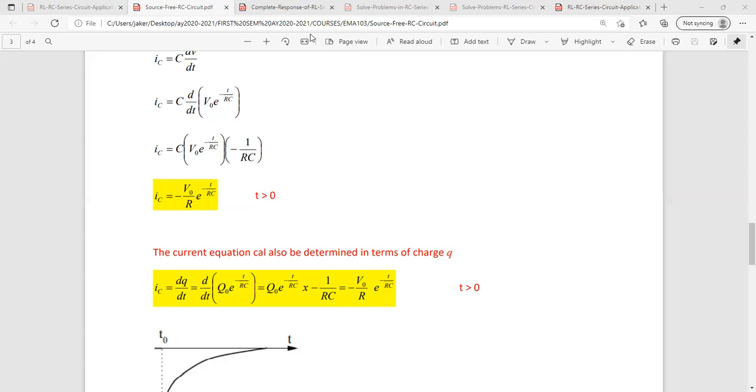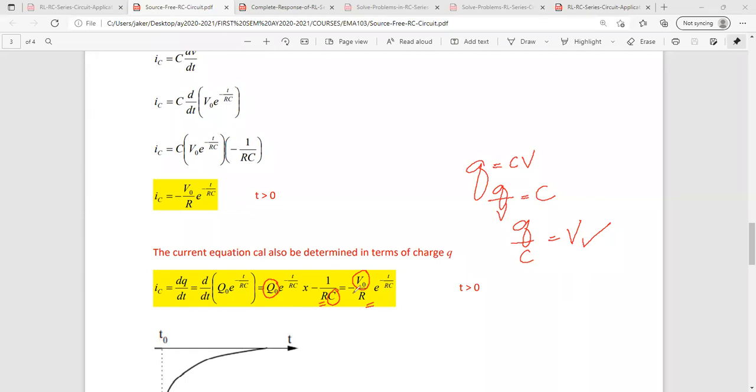So you have Q sub O times 1 over C, and Q over V is C, or Q over C is V. So this Q over C was replaced by this V sub O, because this is Q sub O. R was copied coming from this, and the exponential function was just affixed to it.